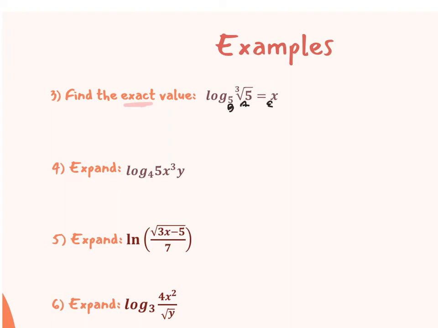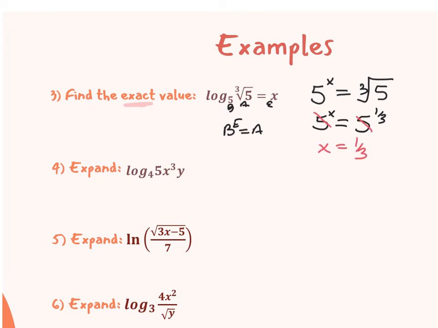I'm going to turn it into B-E-A, and then I'm going to solve it. So 5 to the x power is equal to the cube root of 5. And now I can change the base, make this 5 to the 1/3. Get rid of the bases, and then you're left with x equals 1/3.